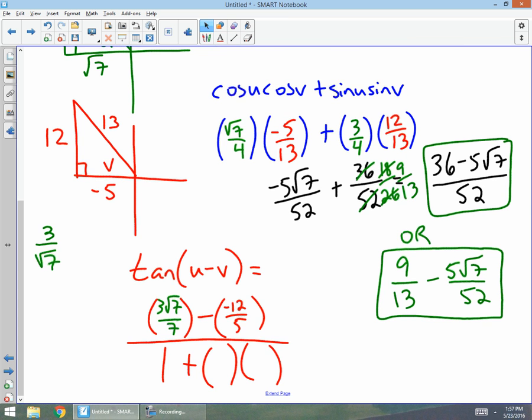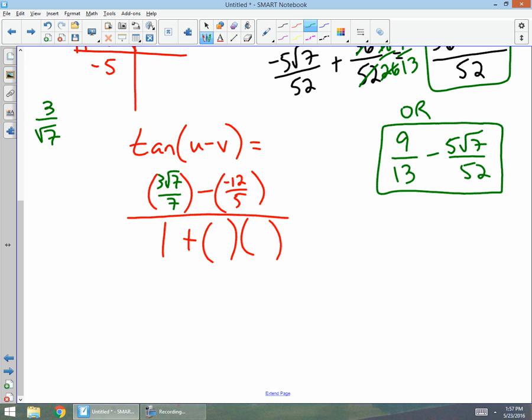And now that we have that listed, we can just go right here because it's the tangent of u again, and now the tangent of v again. Now, you have a lot of negatives here, so let's just map this out. Both negatives should actually come out to be a positive. So this gives me 3 square root of 7 over 7 plus 12 over 5.